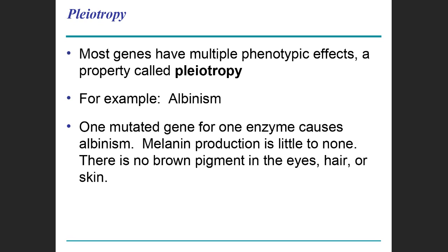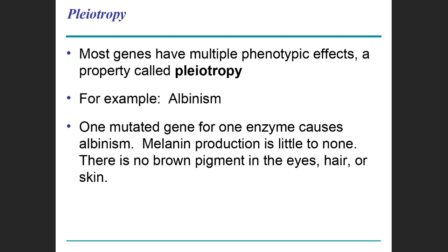Some people produce a lot of melanin and have dark skin. Others don't produce very much and have light skin until we get sun exposure, and then we tan, so we start producing more melanin to protect us from the UV. But if you cannot produce any melanin, you're an albino. That's caused by one mutated gene and one defective enzyme.